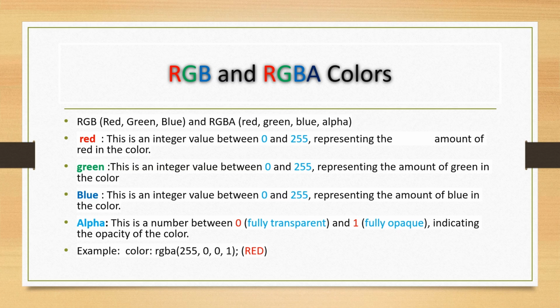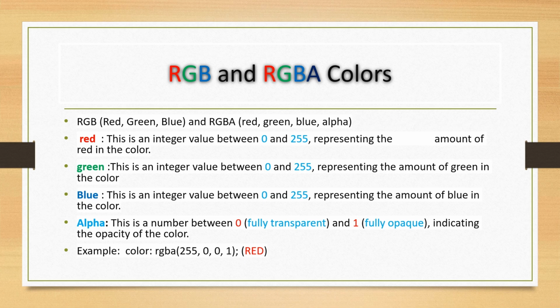RGB and RGBA colors. RGB is red, green, blue, and RGBA is red, green, blue, alpha. Red is an integer value between 0 and 255, representing the amount of red in the color.